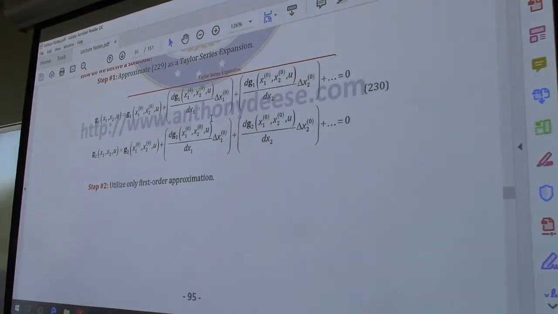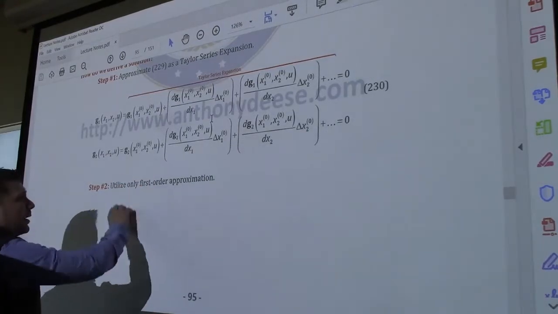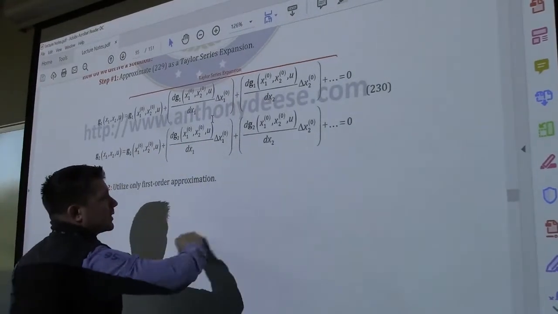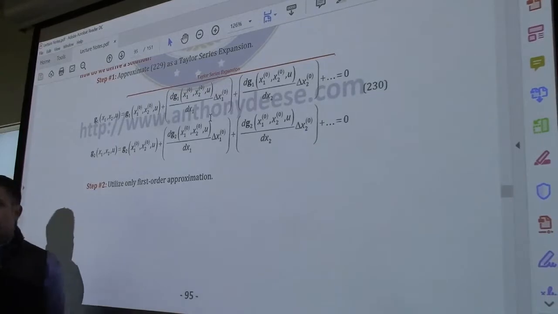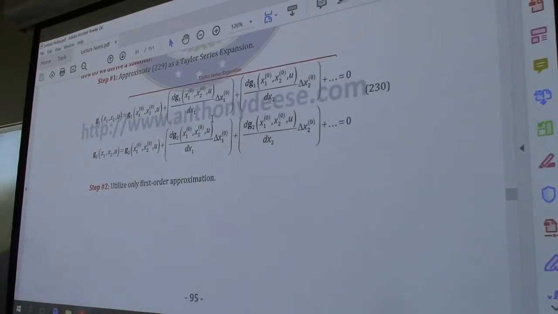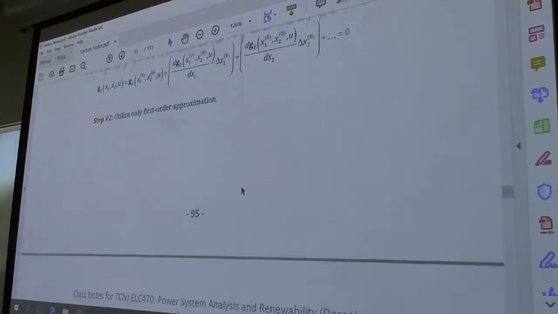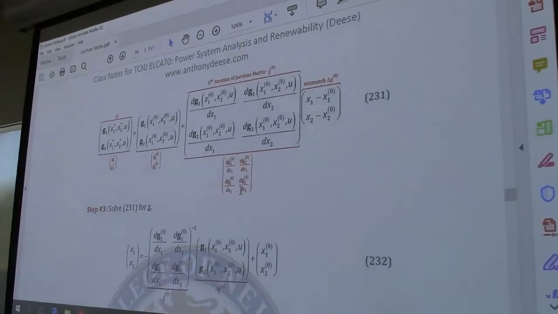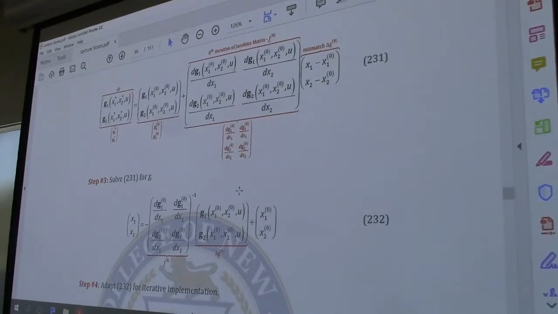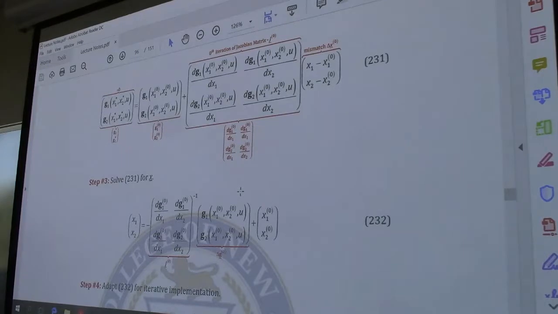We're only going to use up until the first derivative. So there'll be three terms: the operating point, the first derivative with respect to x1, and the first derivative with respect to x2. But we're not ever going to be using this in that form. We're going to be using it in this matrix equation-based form here.